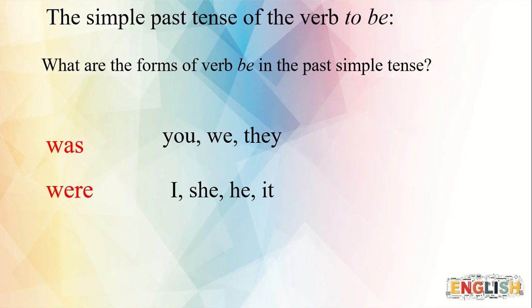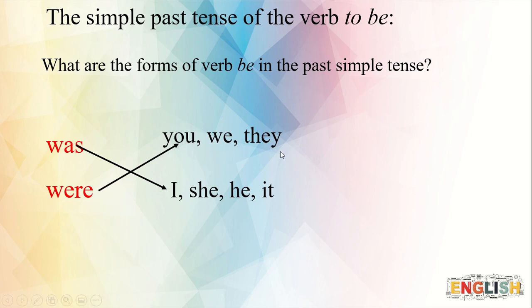Good. So now, can you match the verbs with the subjects? I was, she was, he was, it was. And you were, we were, and they were.